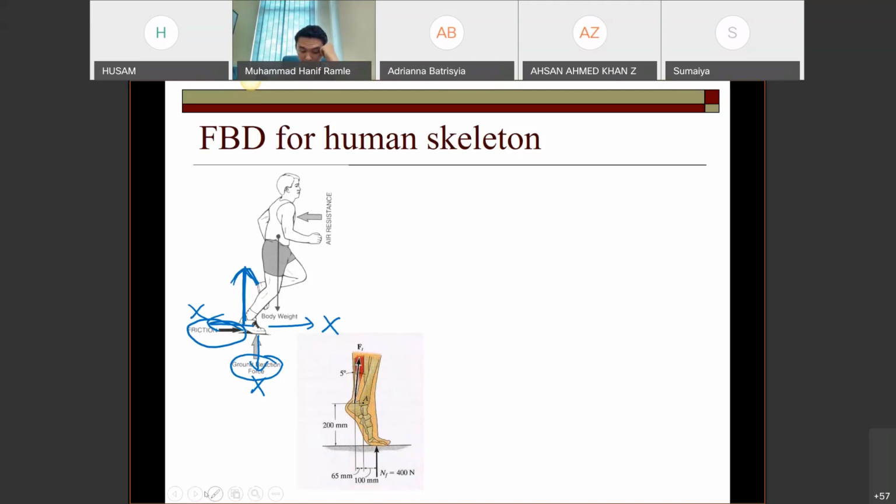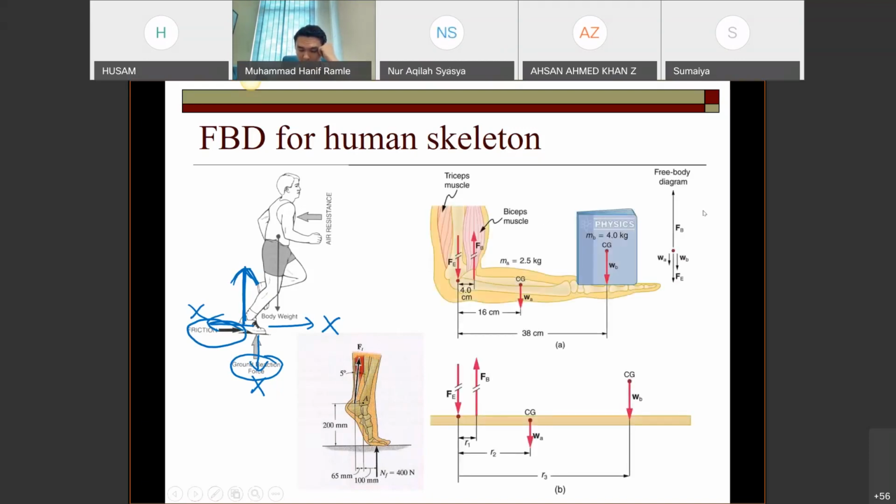There is another example in 2D, where there are a lot of dimensions and a lot of points from a complex geometry of the human hand. You can simplify it like this, a very simple diagram, in order to solve the problem.